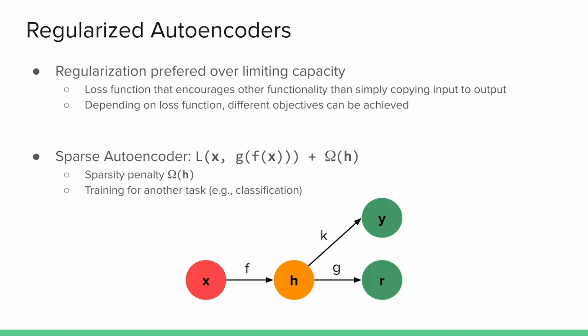If we incentivize our network to follow other objectives than just plainly reconstructing our input, we can guide the network into doing something meaningful. And depending on whatever loss function we add or how we shape it, we can achieve different objectives and really make sure that our autoencoder has certain properties.